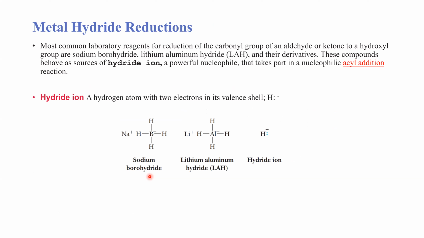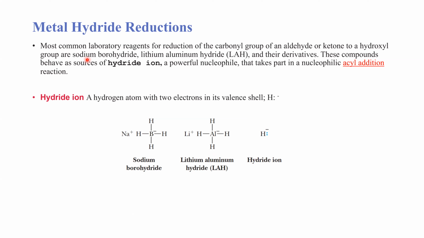Firstly, for the metal hydride reduction, you should know what these reagents are and what their structure is, because for the mechanism, for drawing how these reagents act on our starting aldehydes and ketones, and for making the right product, you should know the structure of these metal hydrides.